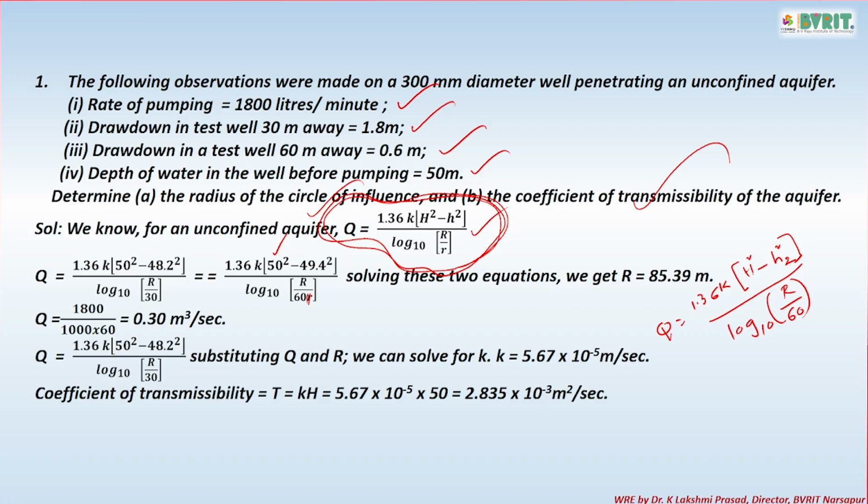You can put H1 square instead of H2 here, where the radius is 30 meters. Anything you put. Why am I doing all this? I want this R.